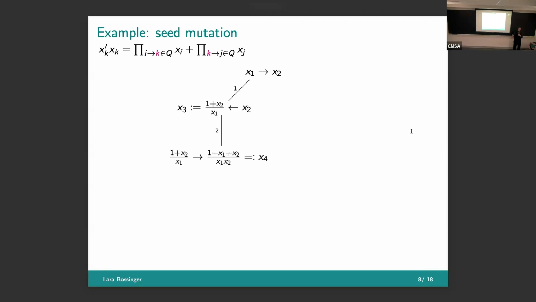So next step, I repeat the same procedure. I get 1 for the empty monomial, as there are no arrows going in. And for the second monomial, there are arrows going out, and I divide by x2. So this is the expression. And then the next step becomes even a bit more interesting.